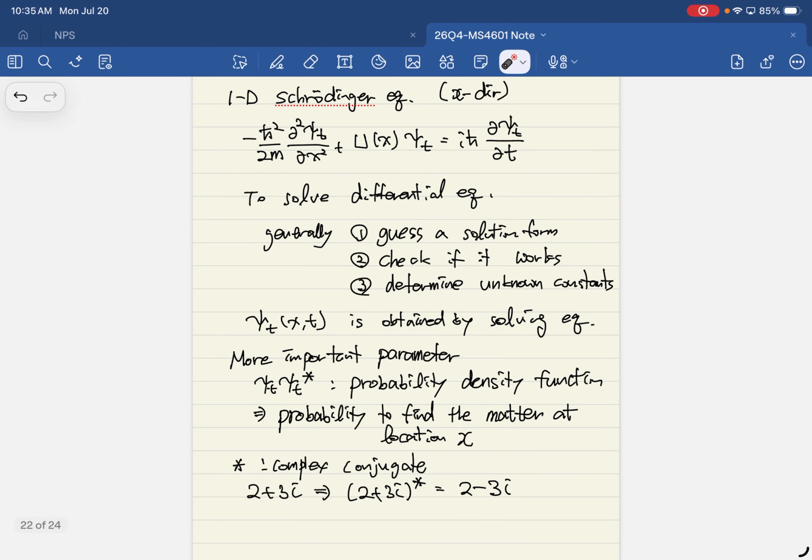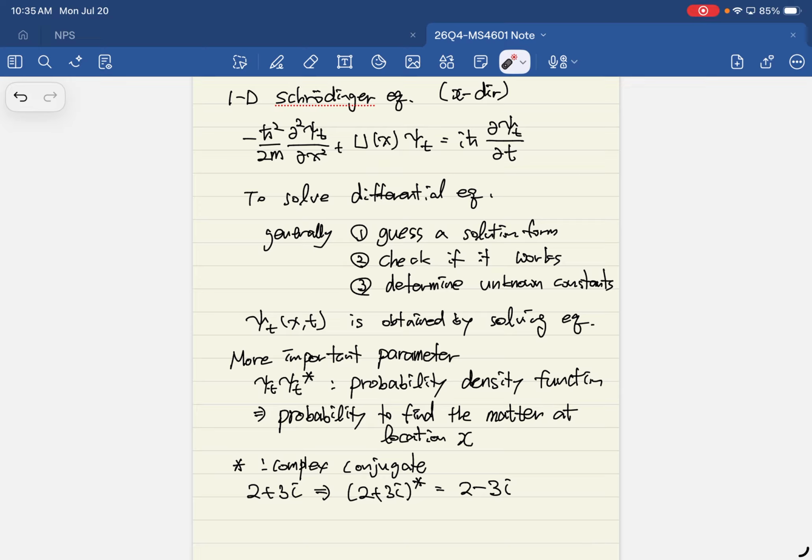So what that means is that, once you solve this Schrodinger equation, you are going to get this wave function. And then once you get this wave function, to get a more physically understandable parameter, you obtain this probability density function. Okay? So once you do that, it tells us the probability to find the matter at location x.